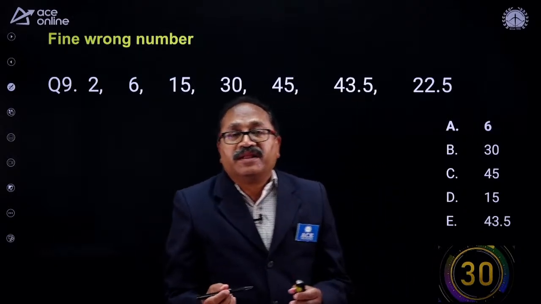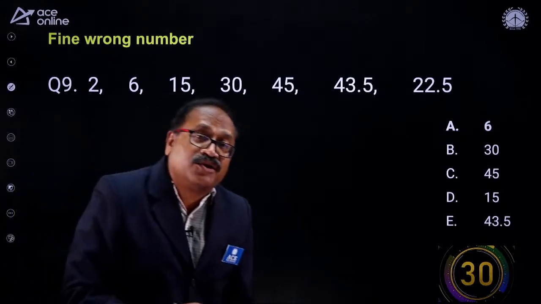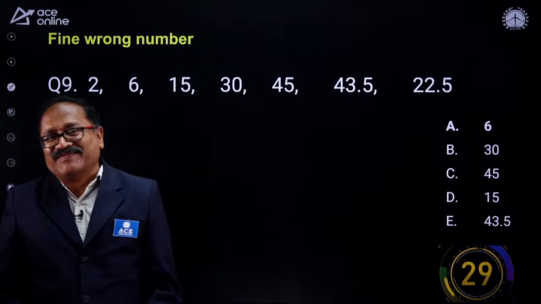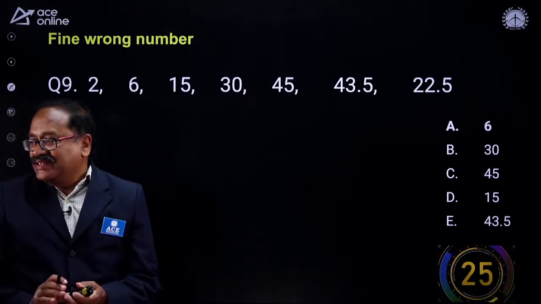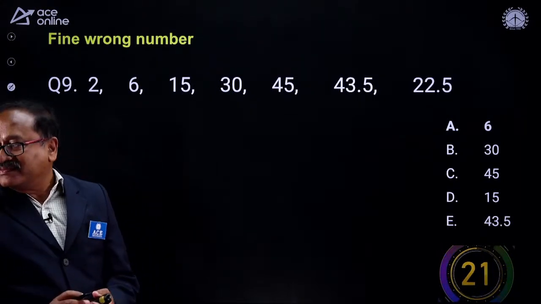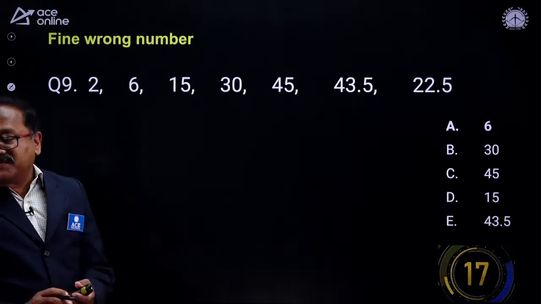So it is possible that it is into 0.5 or into 1.5 or into 2.5. चलिए आपकी 30 seconds start होती है अब. Try this, my friends. Still you have some time.